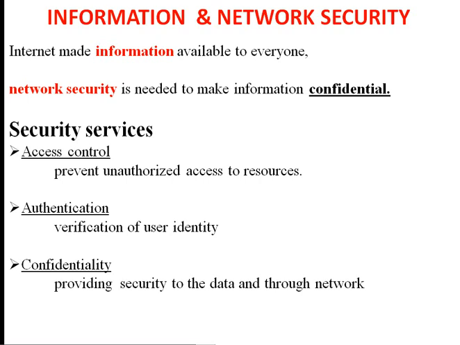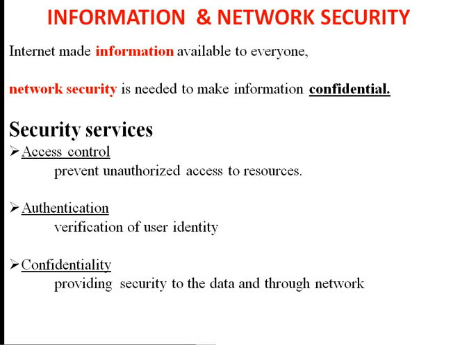And authentication means verification of user identity. Suppose you are going to log in to your Gmail account with the help of a username and password. After clicking on the submit button, that username and password are verified in the Gmail server database.